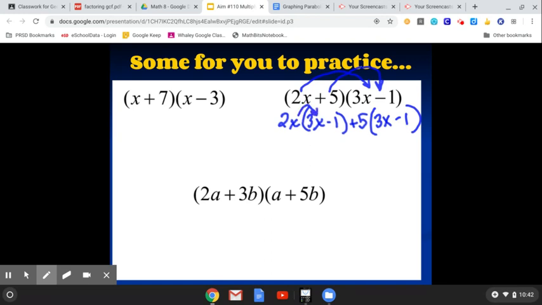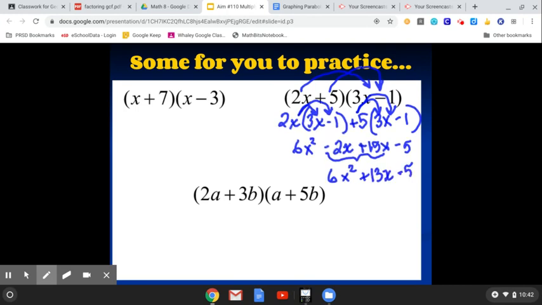So 2x times 3x is 6x squared. 2x times negative 1 is negative 2x. 5 times 3x is 15x. And 5 times negative 1 is negative 5. These can always combine. So 6x squared plus 13x minus 5. And I'm done.